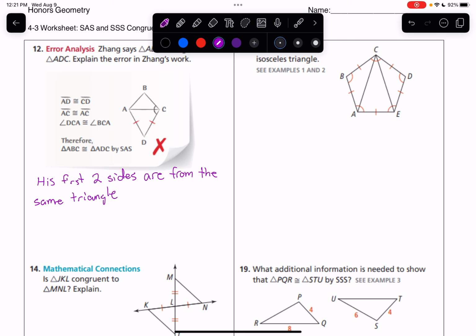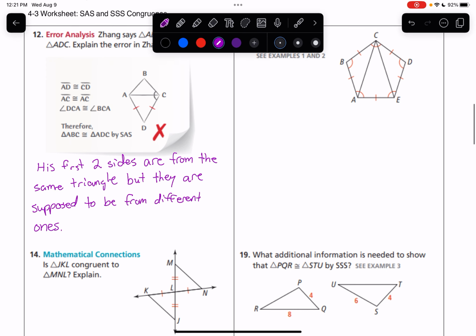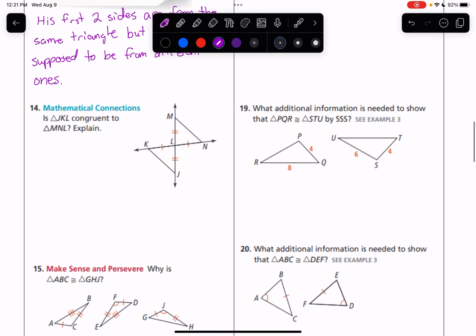But they're supposed to be from different ones. That's all.